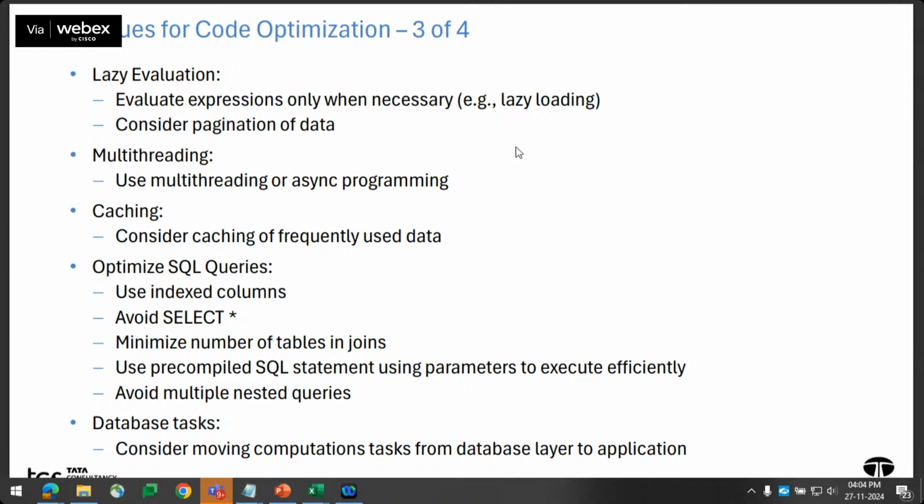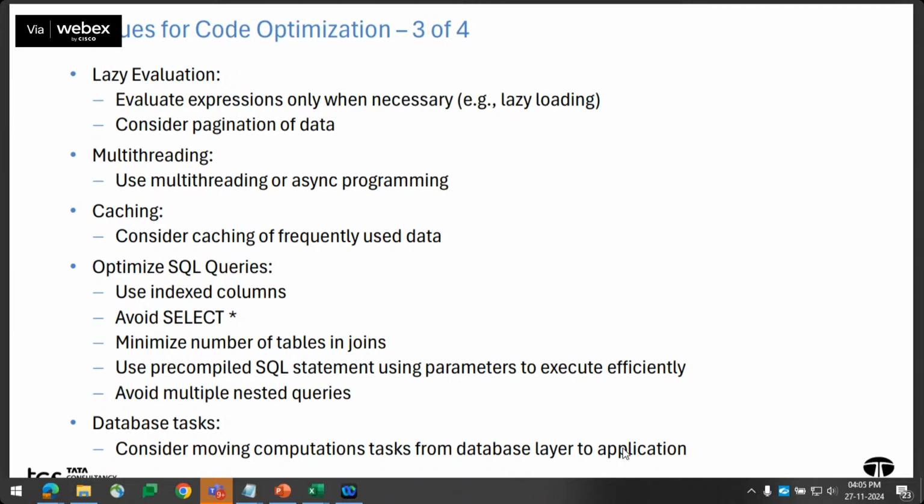Avoid the CLOB and BLOB columns as part of the selects, because they take huge amounts of memory. Then minimize the number of tables in the join. Then use pre-compiled SQL statements with parameters to execute efficiently. Then avoid multiple nested queries.